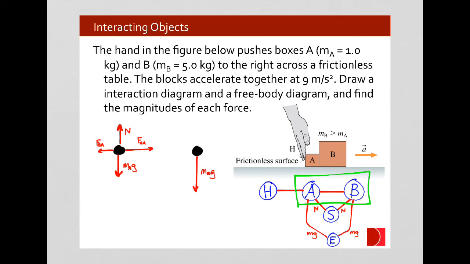But it's still staying on the table, and so it would have a greater normal force as well, that would balance out the gravity that it would feel. The only other force here on B is the force that it feels from A. And if A is trying to move to the right, then B will feel like it's being pushed to the right by A.